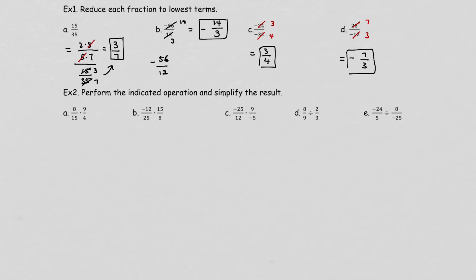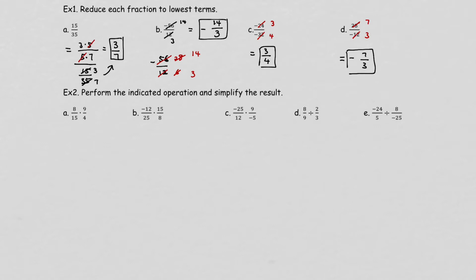So 2 goes into 56 28 times, 2 goes into 12 6 times, and 2 fits into both again: 14, 3. So you can do one at a time if you don't see the larger common factor, the greatest common factor.